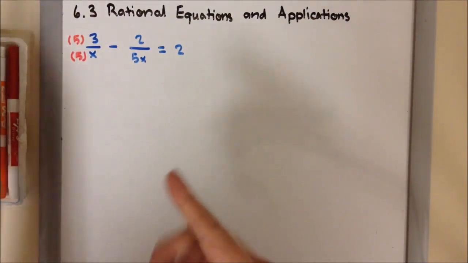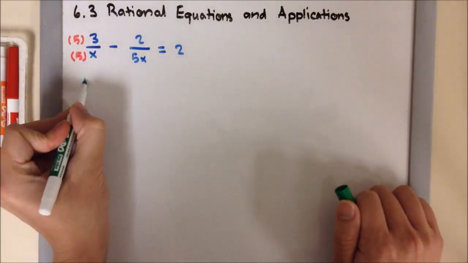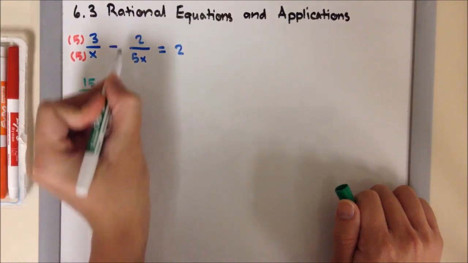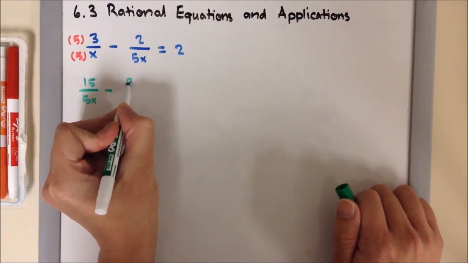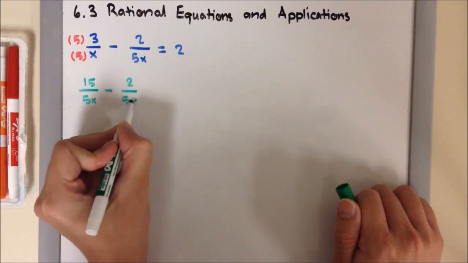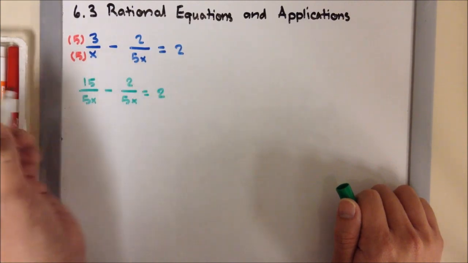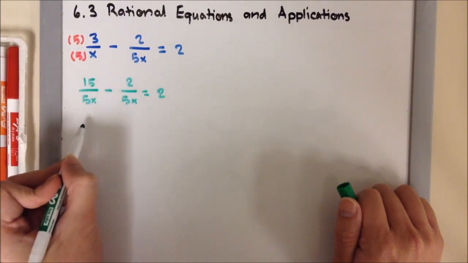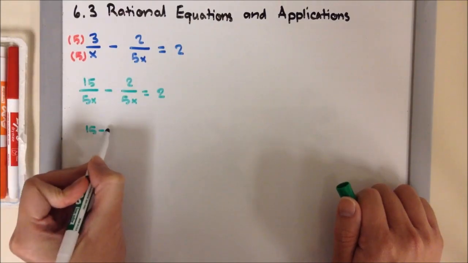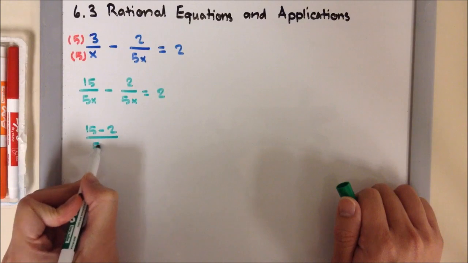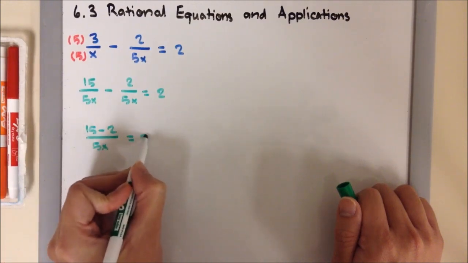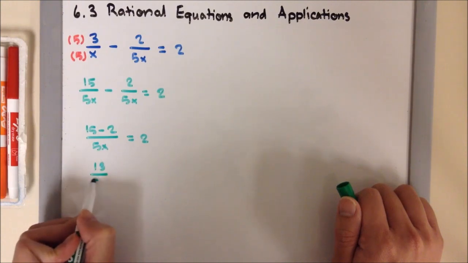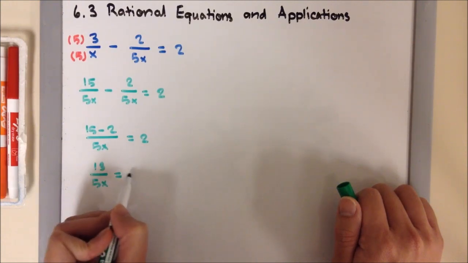When you do that, your first fraction will be 15 over 5x, minus, and our second fraction you just bring down, 2 over 5x, equals 2. We can combine this as one fraction because now they have the same denominator. So 15 minus 2 over 5x equals 2. Then this will be 13 over 5x equals 2.